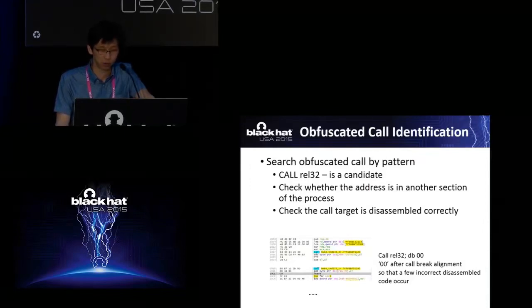Then check whether the address is in another section of the process image. And we need to check that the call target is disassembled correctly, because the call target address is an approximation. We have redundant addresses, so we need to check that the target is disassembled correctly.